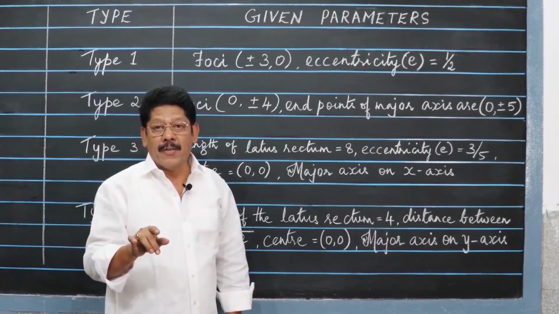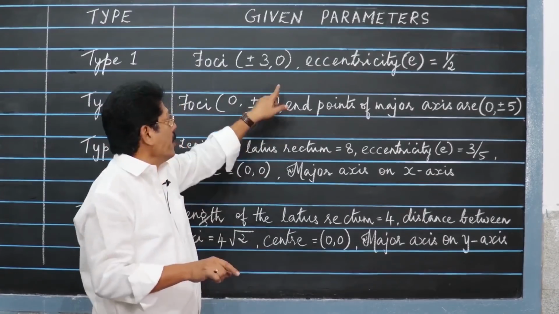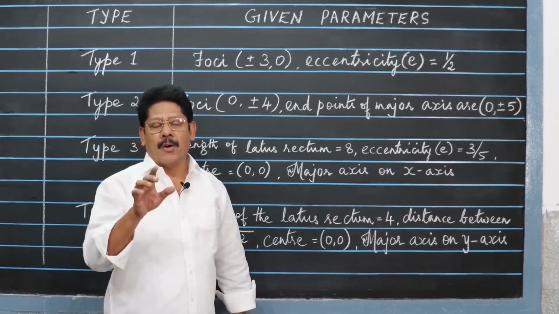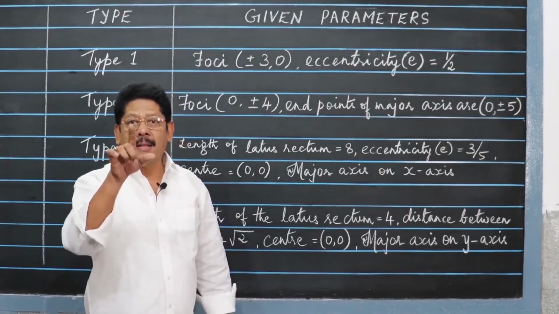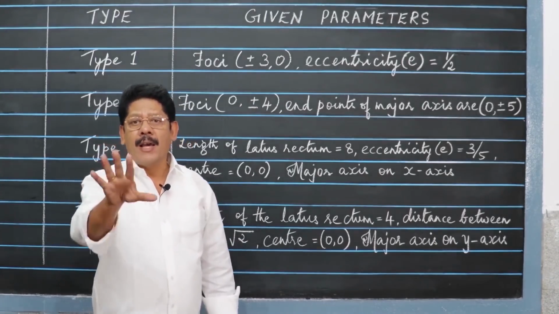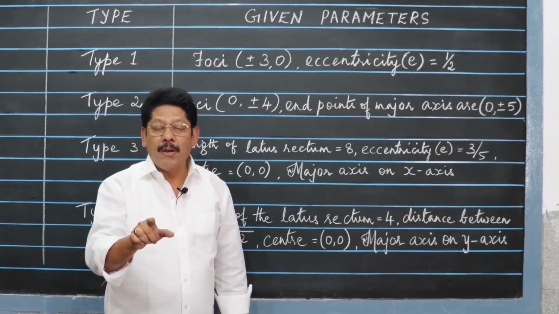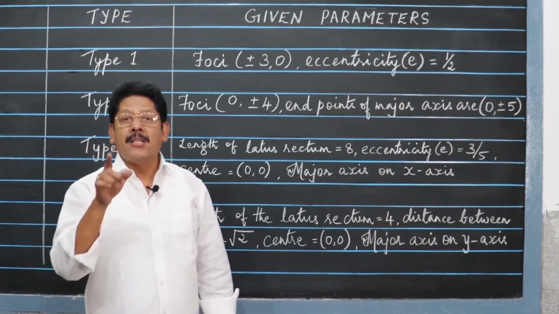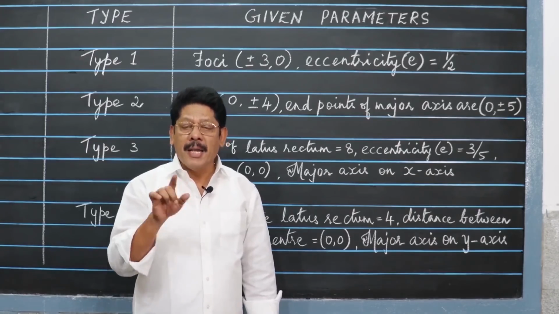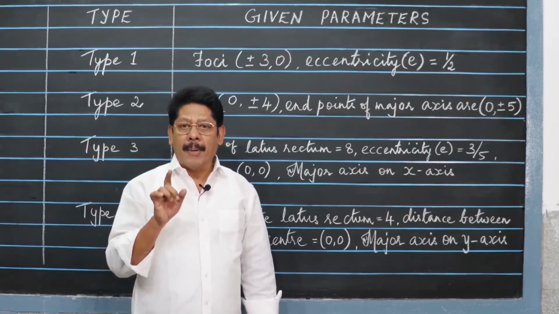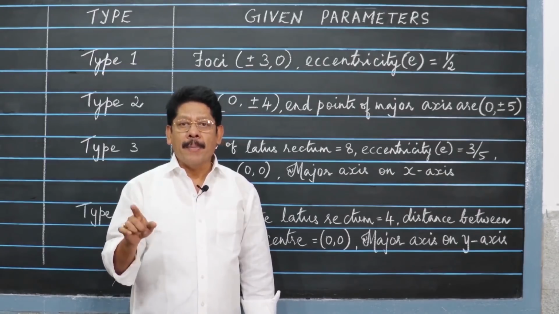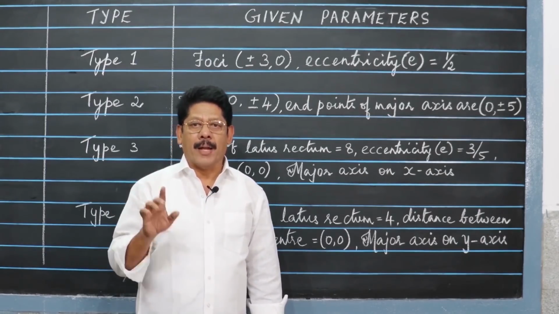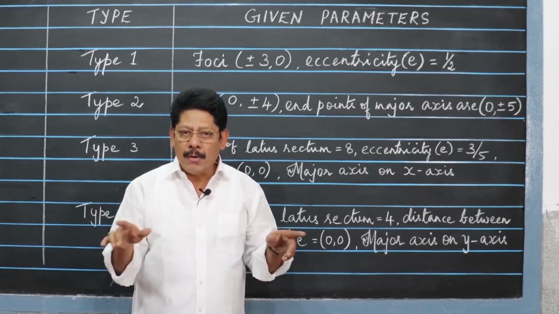The coordinates are not given in place of y; the y coordinate is given as 0. Therefore, it is very clear that the major axis is along the x-axis. Therefore, the equation is of the form (x minus h) the whole square by a square plus (y minus k) the whole square by b square is equal to 1. Are you clear with that?